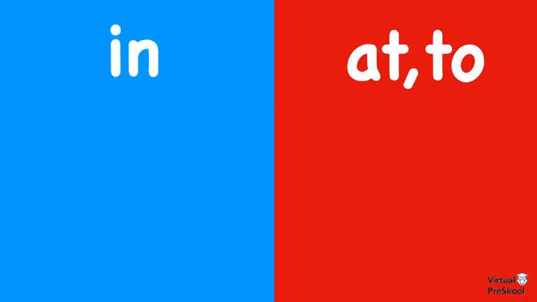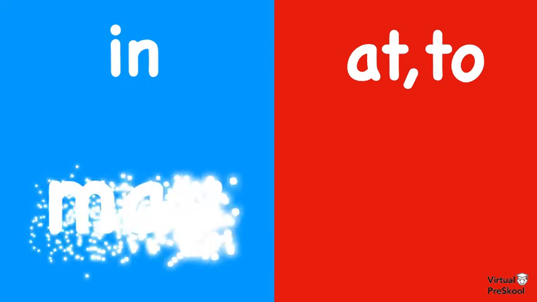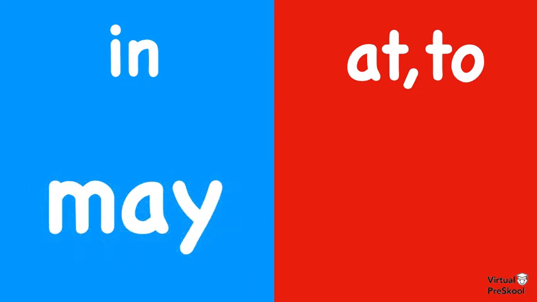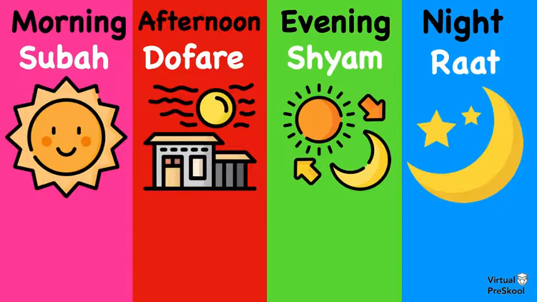To say in Hindi, we say mein. And to say at or to in Hindi, we say ko. All right? So in is mein, at and to are ko. And here's how to use them with the times of day.